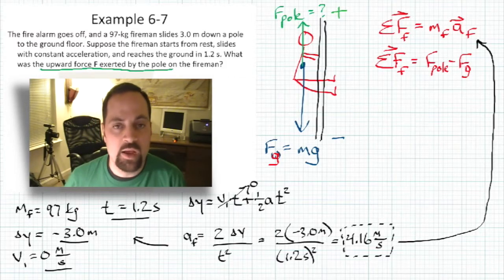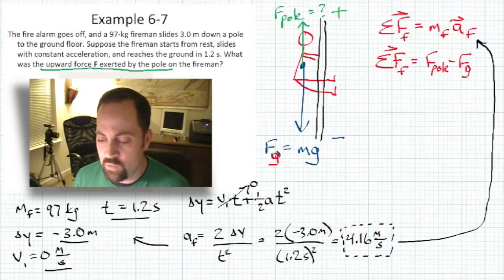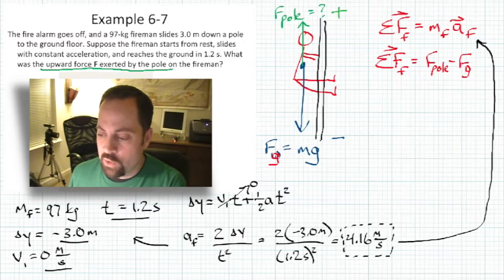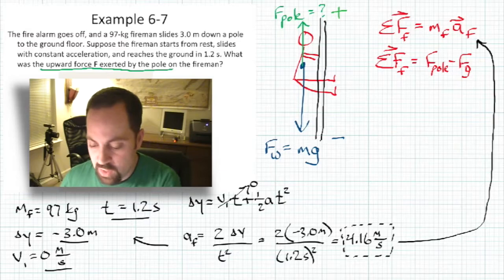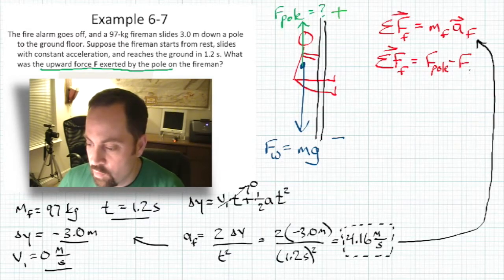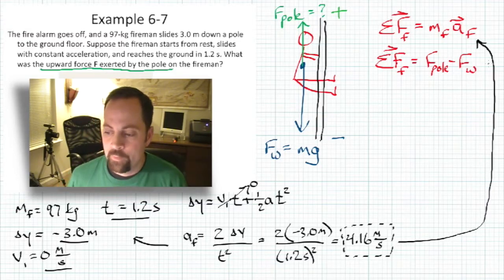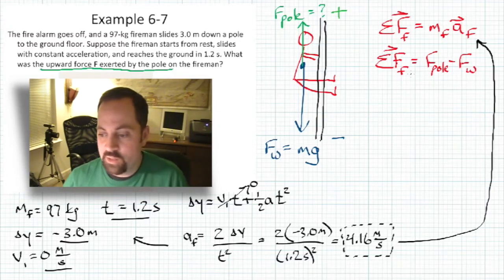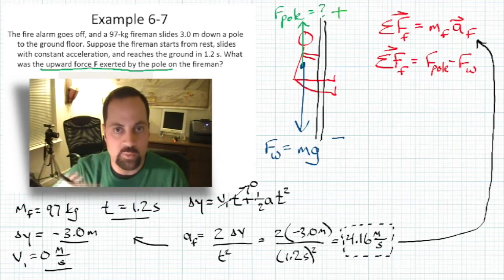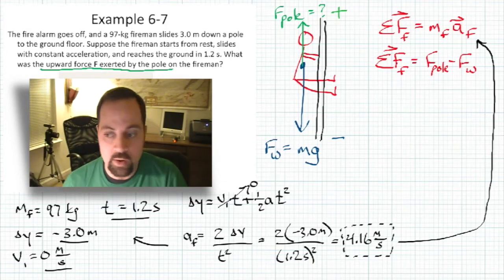Sorry about that. Don't mean to confuse you, but that is the weight force. So, just to keep us consistent here, the net force on the fireman is the pole upwards minus the downwards weight force caused by his weight being accelerated by Earth's gravity.